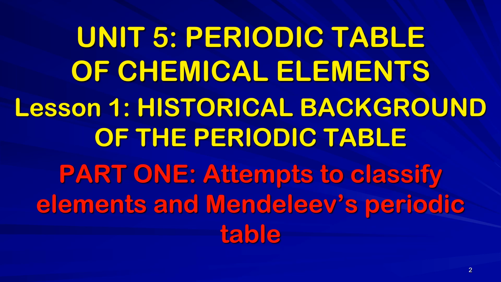And this lesson will be divided into two parts, and the first part will be the early attempts of classifying elements and Mendeleev's periodic table, and the second part will be discussed later after this lesson.